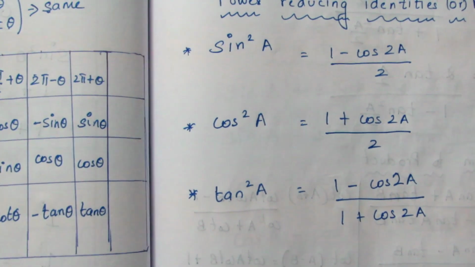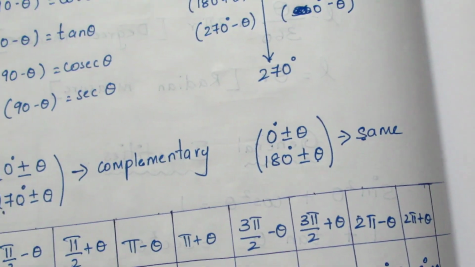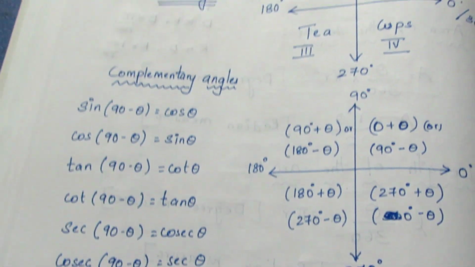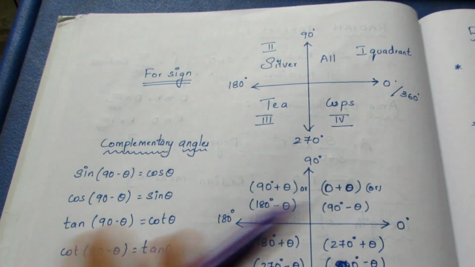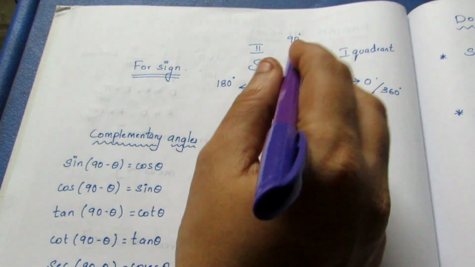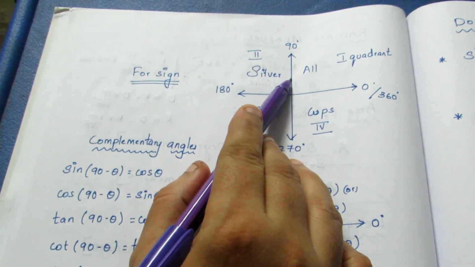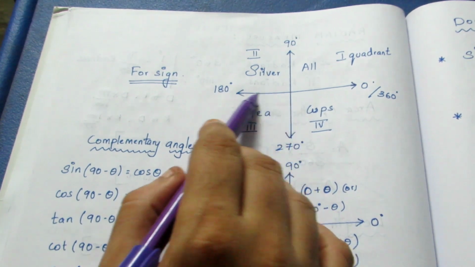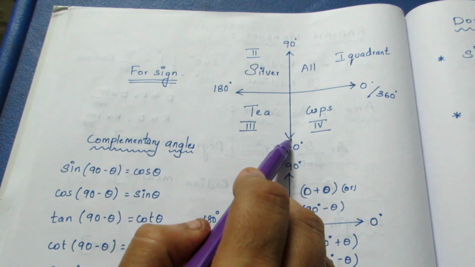Now we'll move on to the next level of trigonometric introduction. This is very important, the sums will deal with this. If I take a graph, this will be my 0, this line will be my 90 degree, this will be my 180, and this will be my 270.